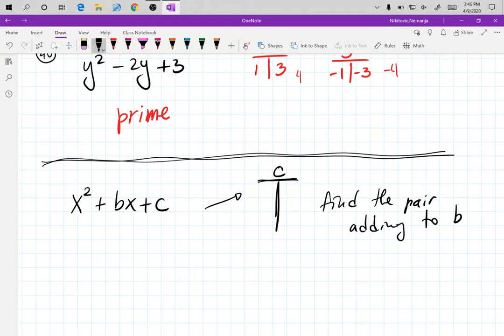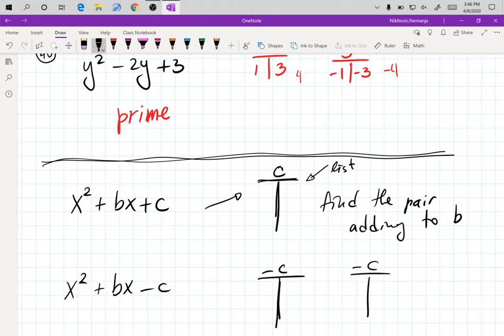So that's the list. We can have x squared plus bx minus c. Well, now you are looking for negative c, and then you copy the list for negative c, just put the signs on the other numbers.